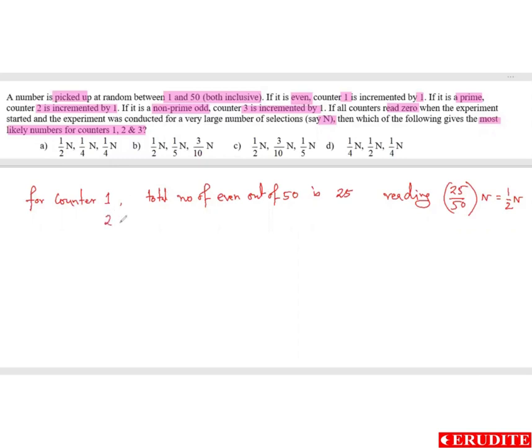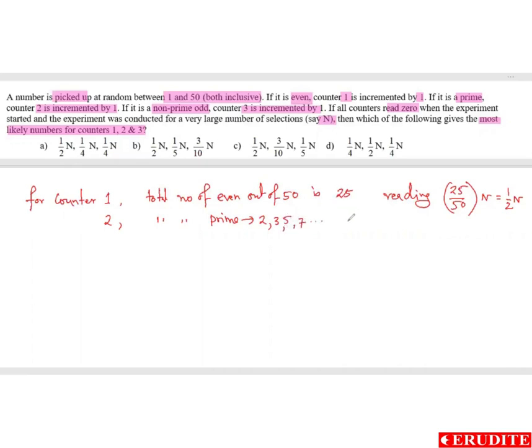Now for counter 2, which is talking about prime. If it is a prime, counter 2 is incremented by 1. Counter 2 for prime numbers, and the total number of primes, to find it, they are 2, 3, 5, 7, and so on.